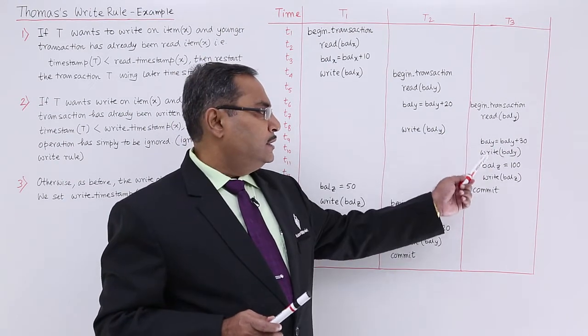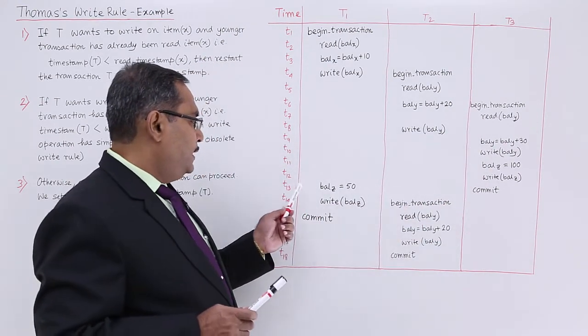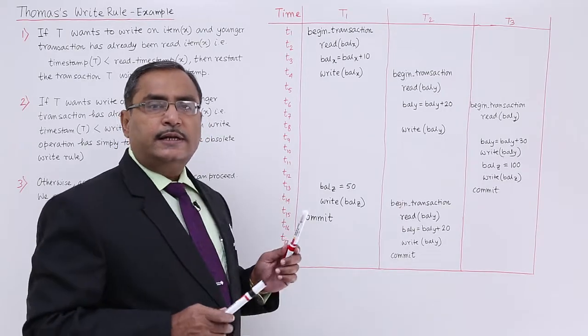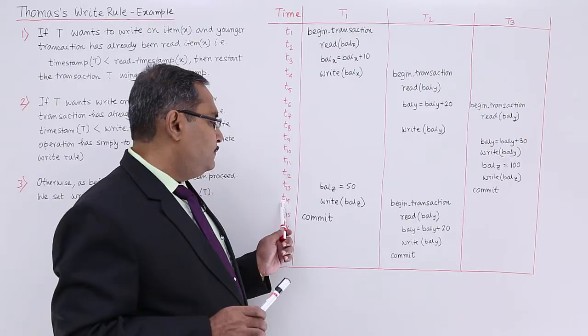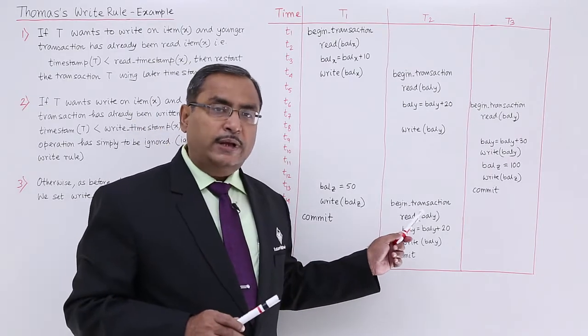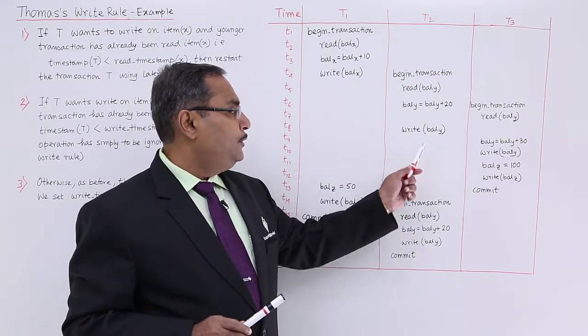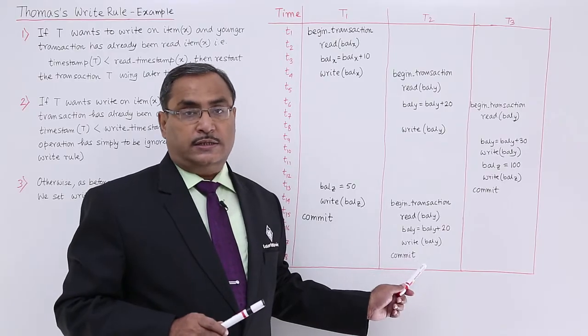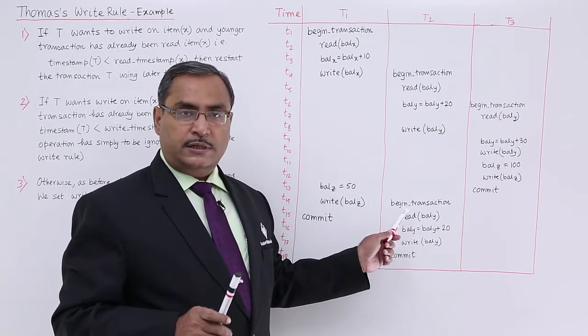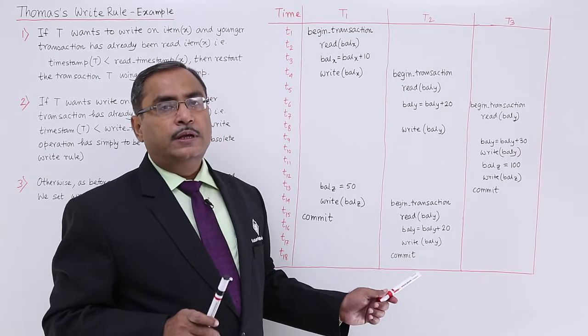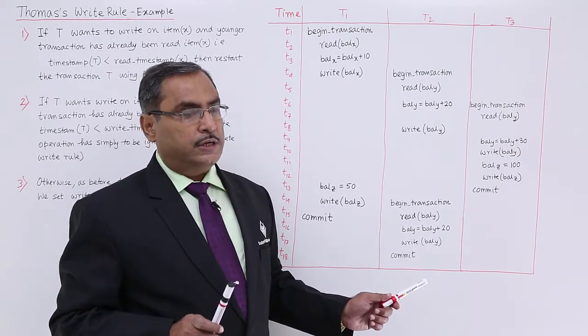Transaction T3 completes at instant T13. So from instant T14, with the new timestamp, T2 will be restarted, not resumed but restarted. From the very first line to the last line, transaction T2 will be executed again.